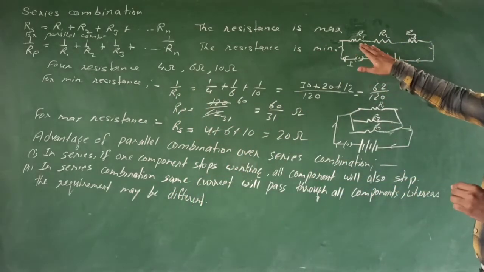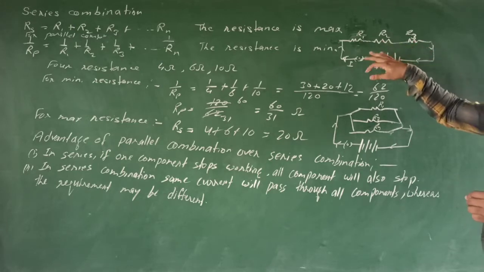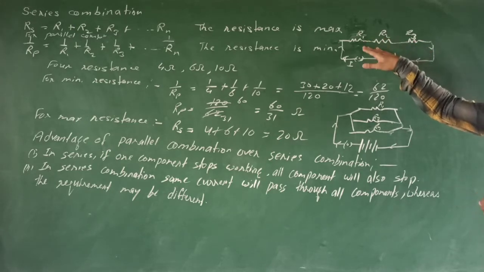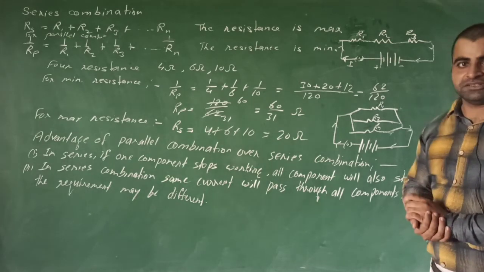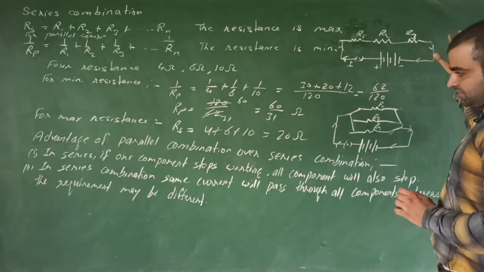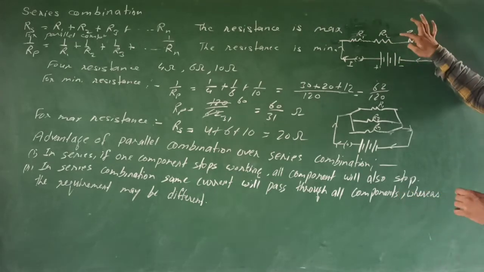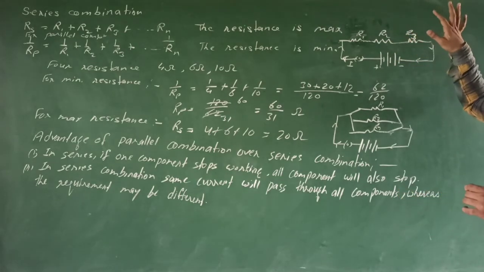The current through all the components will be the same in series combination, whereas the requirement may be different for different components. This is also the drawback of series combination.